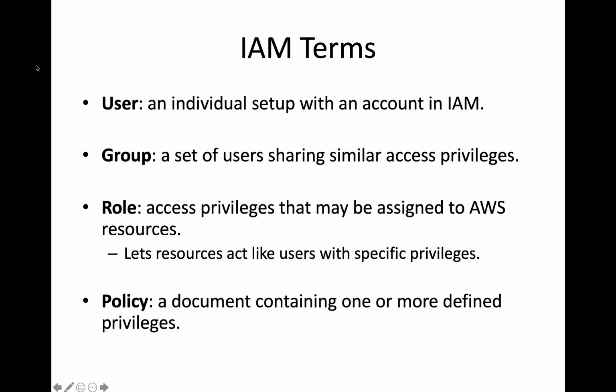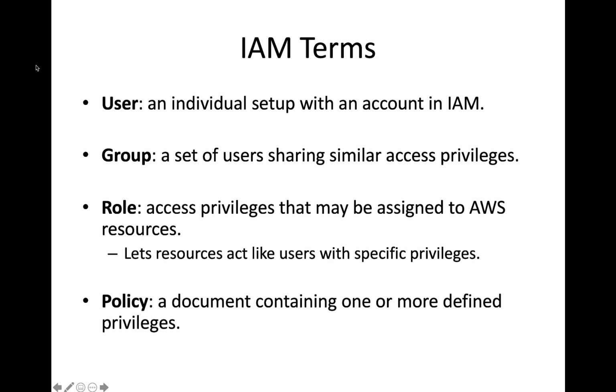A role is an access privilege, and a role is something that we can actually assign, in many cases, to AWS resources. You'll see a number of examples of how this works within AWS. The bottom line is that a role allows resources to act like users that have specific privileges.